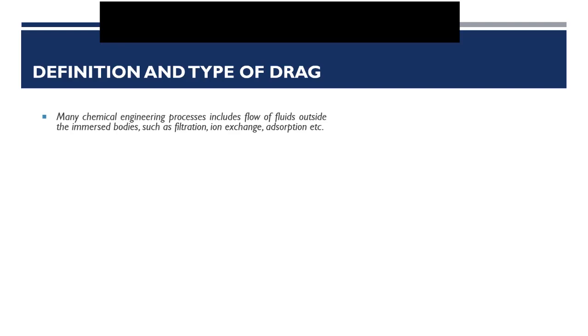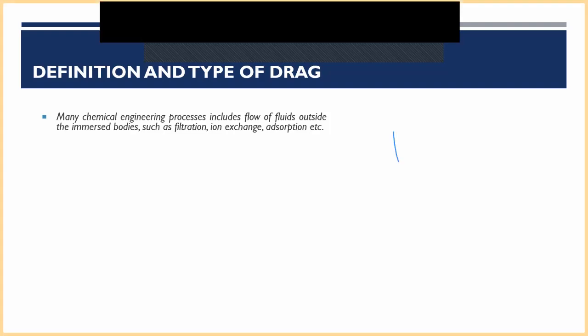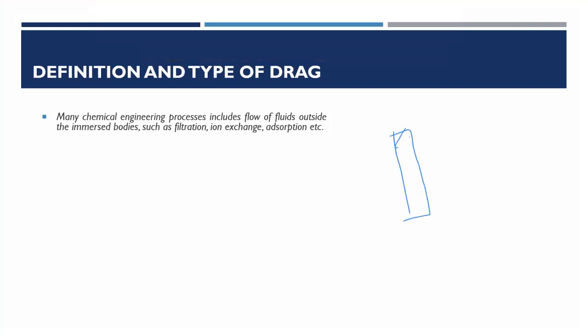You can imagine, let me draw it. Let's say we have a filtration here. This is the filter, and the slurry will have solid and it will also have liquid.